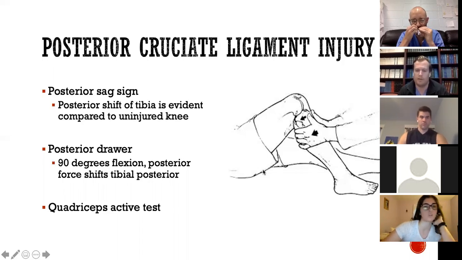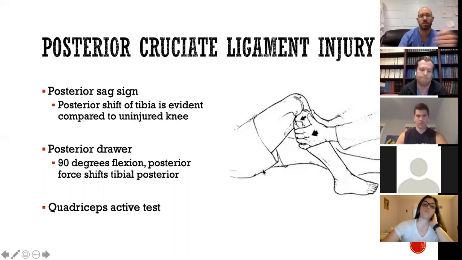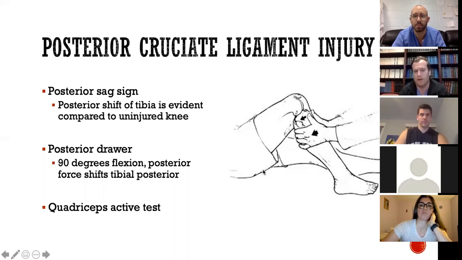We didn't talk about it earlier, but this is also something where you can do an anterior drawer test for an ACL to identify an ACL tear. But it's important to remember that if you have someone who has a posterior cruciate ligament injury, where the tibia is shifted directly posterior, you may actually feel anterior translation as you're completing the anterior drawer sign.